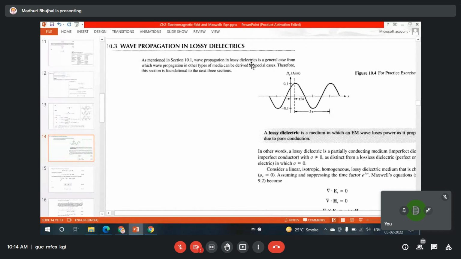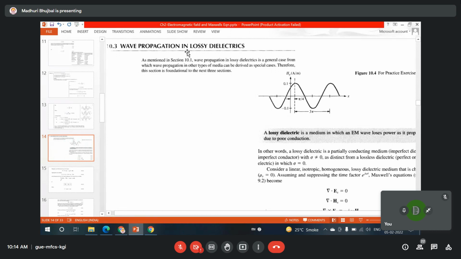So lossy dielectric is the generalized case. Okay, so please write it down. After writing this topic name, write down: wave propagation in lossy dielectrics is a general case. ये बहुत इंपॉर्टेंट सेंटेंस है, क्योंकि यहाँ पे हम सिर्फ एक ही केस का डेरिवेशन करेंगे, और फिर बाकी केस में we are just going to substitute the values. बस सिर्फ उस पर्टिकुलर मीडियम की कंडीशन पुट करेंगे, and we will directly get the equations of E and H जो भी है. तो इसलिए जनरलाइज्ड केस तुम लोग को पता होना चाहिए.